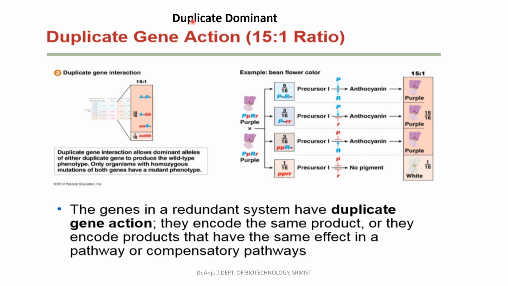For example, here we will take gene P and gene R. The P gene produces an enzyme which converts the precursor to anthocyanin. The next gene R also produces an enzyme which converts the precursor to anthocyanin. So two genes are doing the same function. So they have duplicate gene action.